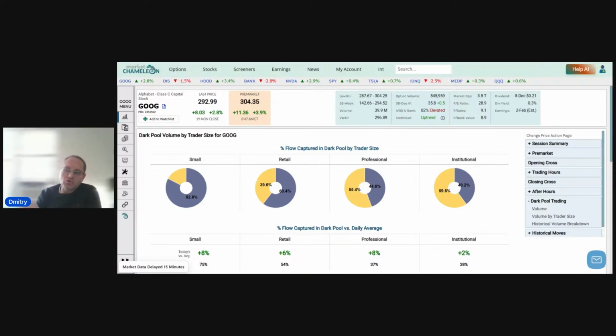But the point is that the moment they put in those orders, it's not based on some disadvantage to the other side, the liquidity provider, because dark pools need liquidity too.